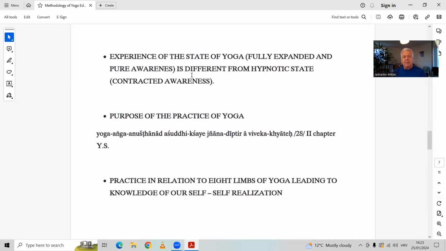And in the hypnotic state, the awareness is contracted, is narrowed, not expanded, but the opposite, and completely identified with certain suggestion, which your mind fully experiences and transfers this experience even to the level of the body, and it can have a very realistic experience on the level of the body, but you as a subject remain in complete ignorance about yourself. So hypnosis is not able to lead you to self-realization, only yoga.